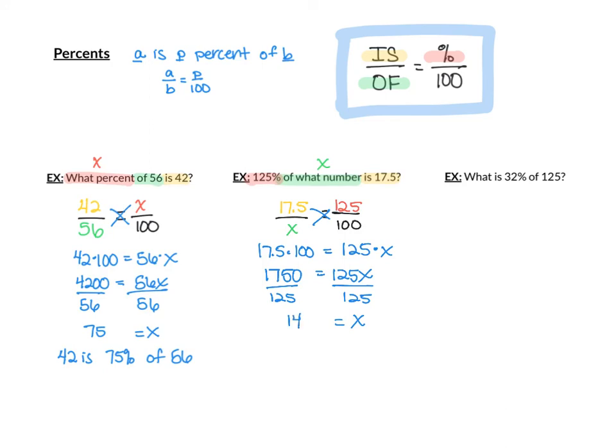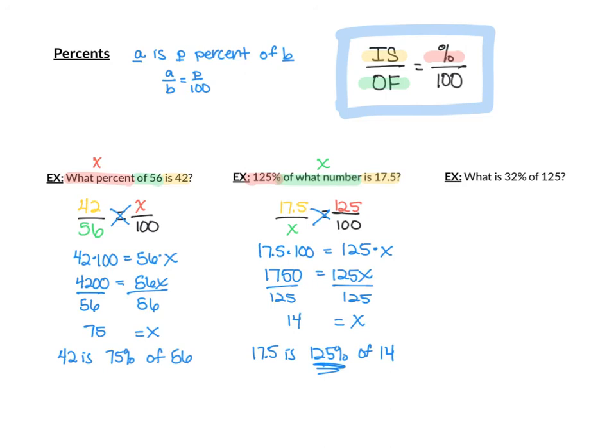So my statement would say 17.5 is 125% of 14. Does it make sense that it's a smaller number than what we were finding? Yes, because we're finding a percent that's more than 100. All right, hit pause and see if you can set up the last one.